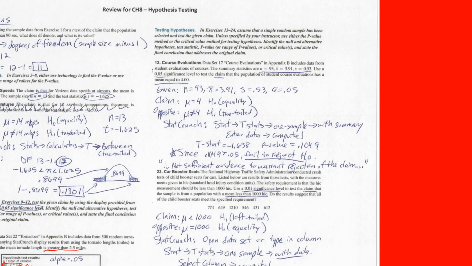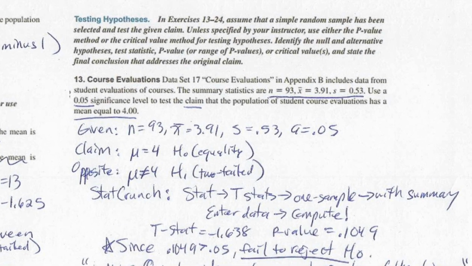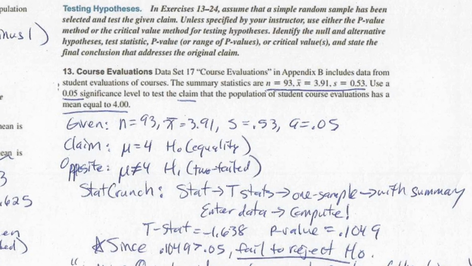Let's go to the next question, number 13 in 8.3. Okay, so in this case, we have a data set, and they give us all the summary statistics, which is nice. Now, I went ahead and rewrote everything here as our given information, including alpha.